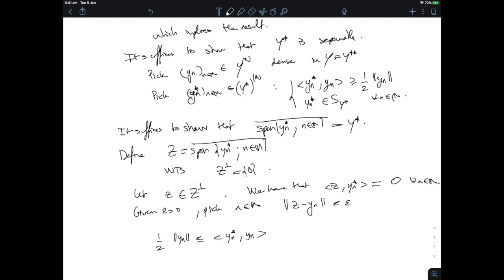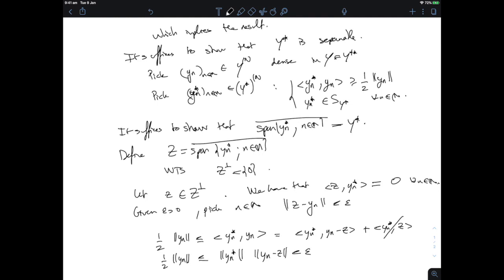And then what I can do is add and subtract z. And so this is yn star of yn minus z, plus yn star of z. But okay, yn star of z is 0. So this is just yn star tested on yn minus z. And that tells me that 1/2 of the norm of yn has to be smaller than the norm of yn star, which is 1, times the norm of yn minus z, which is epsilon. So this is smaller than epsilon.